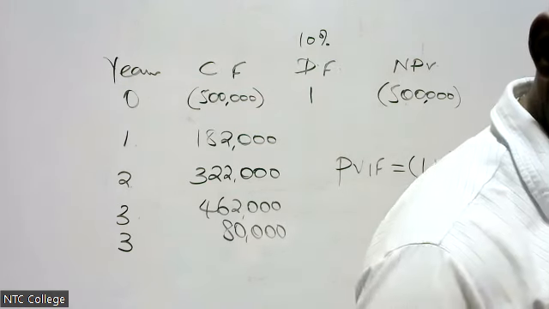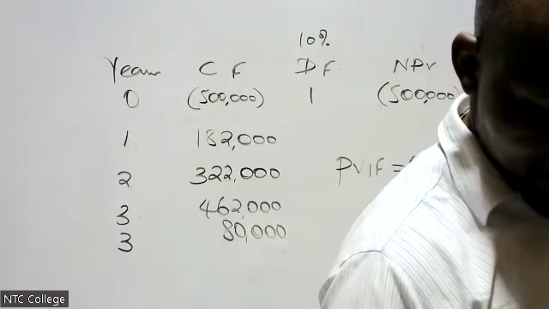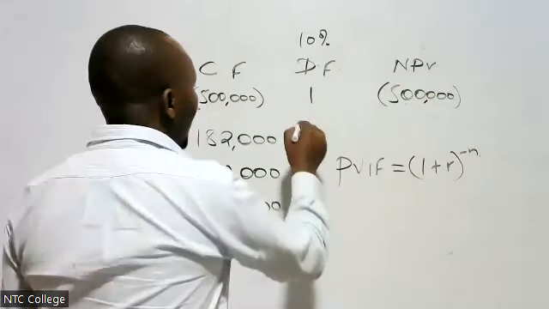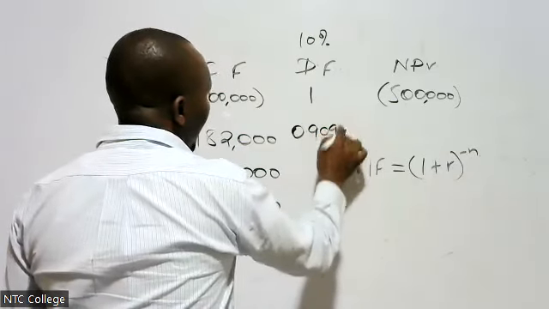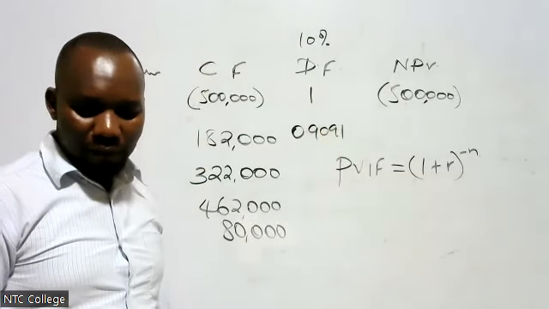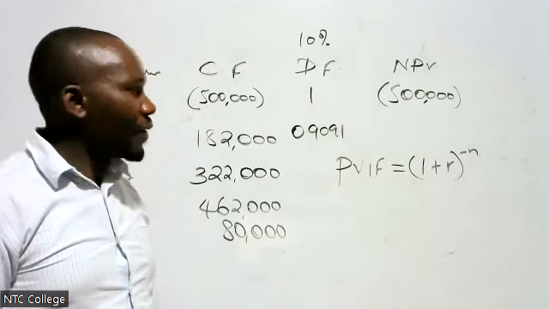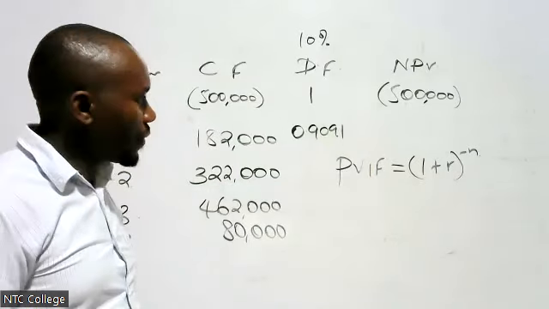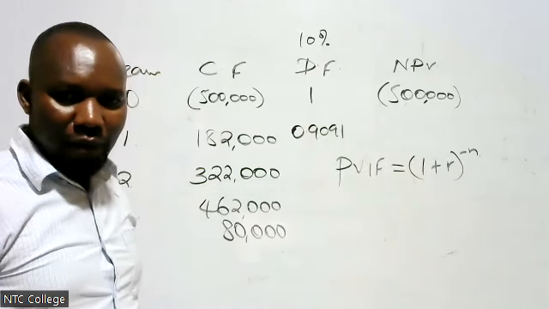What is the discounting factor? For year 1, yes. 0.9090. It cannot be 9090. Check well. We round it off. That figure you see here, is it more than 5 or 5 and above? 0.9091. Yes, thank you.